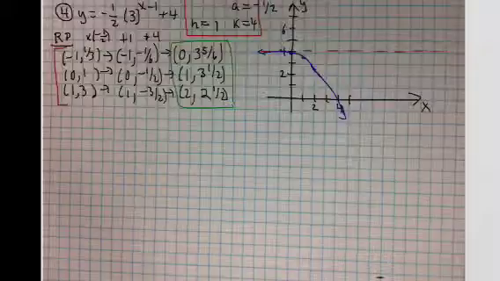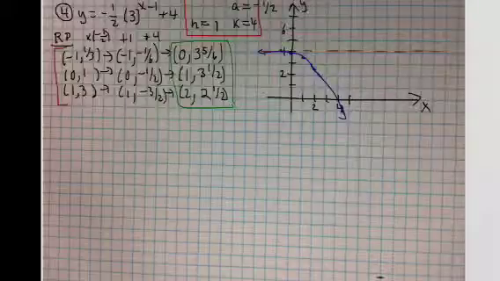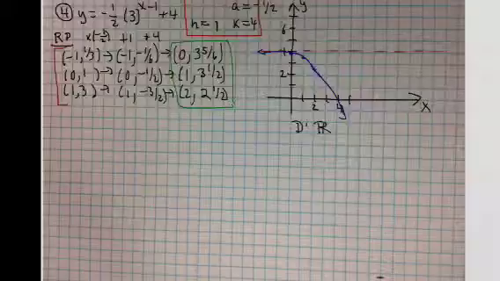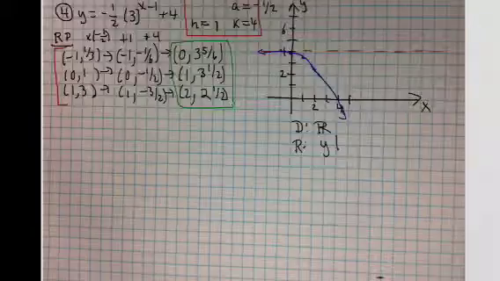Now it's also asking you to state the domain, the range, horizontal asymptote and y-intercept. So domain, as we've seen and we know, for all the exponentials, decay or growth, is all reals. The range for this particular one is all y such that y is less than 4.